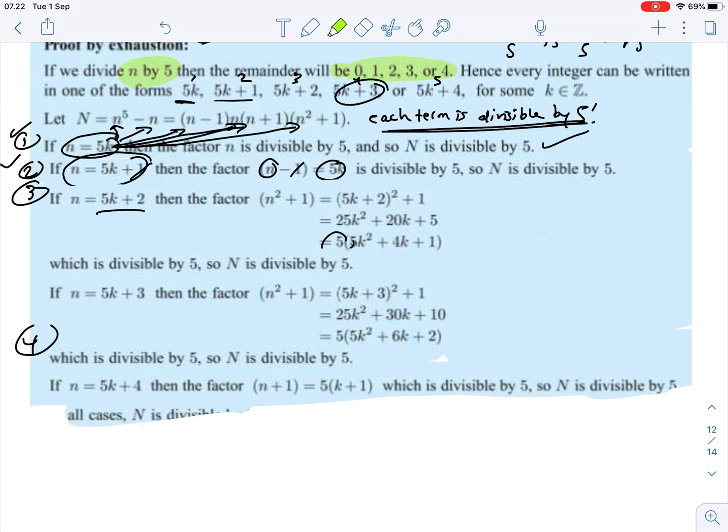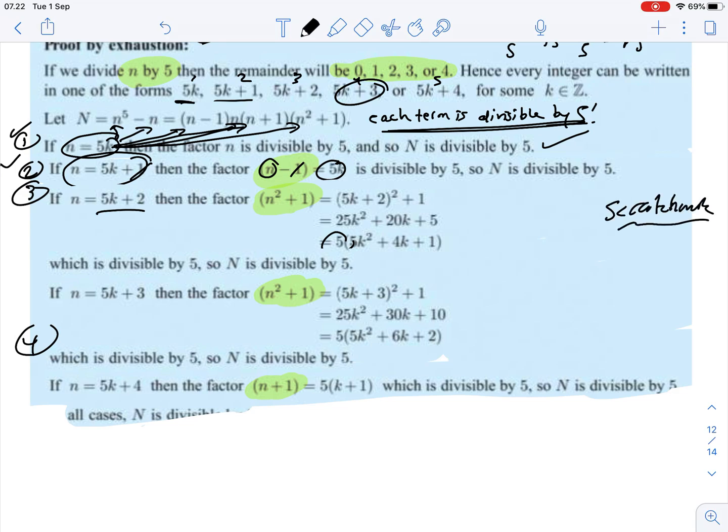Now you might be asking, okay, why did they plug this one into n plus 1, this one into n squared plus 1, this one into n minus 1? Again, they're showing you the final product.